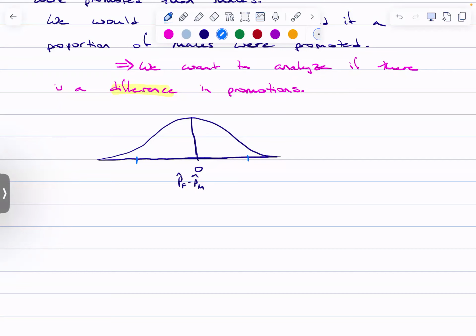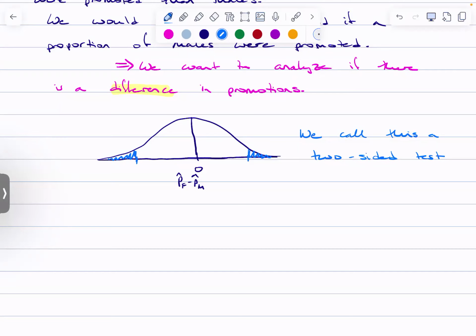This is what we call a two-sided test, right? Because I'm concerned about both sides, both extremes.